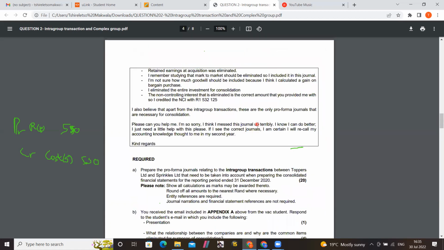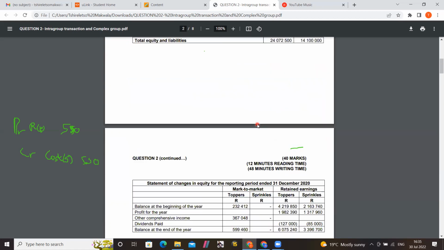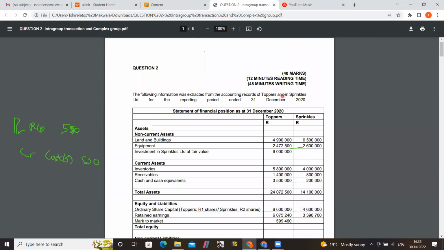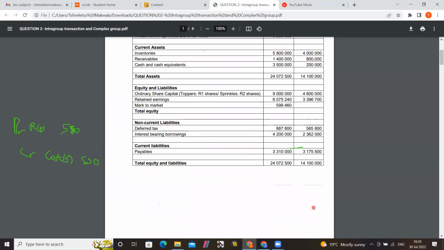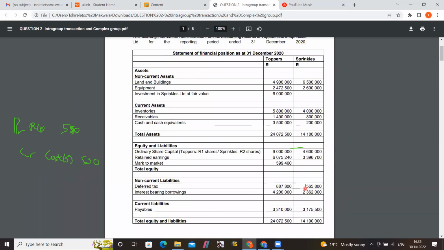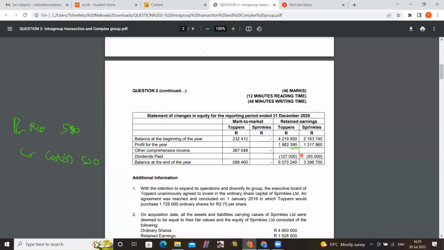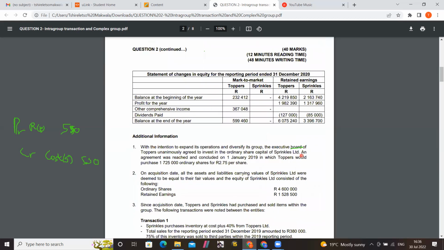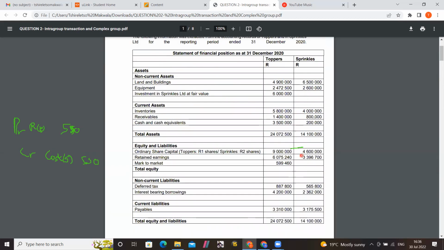So basically Toppers owns 75% of Sprinkles. So now you can determine it. However, let's see here, because they said you purchased ordinary shares, but do not use that method.